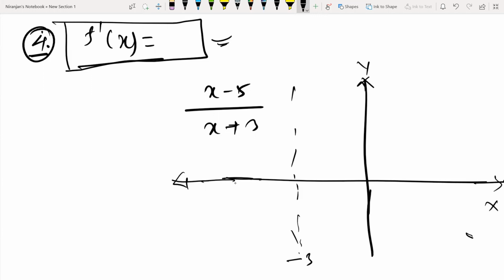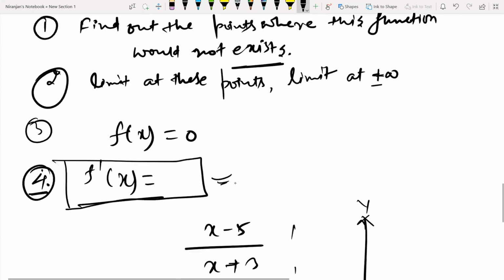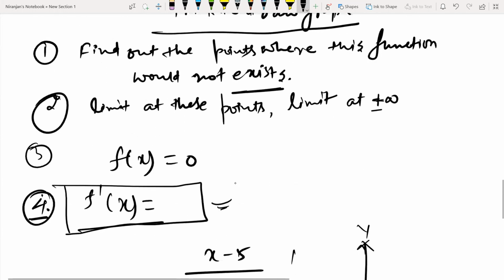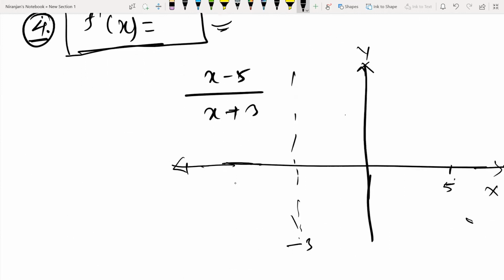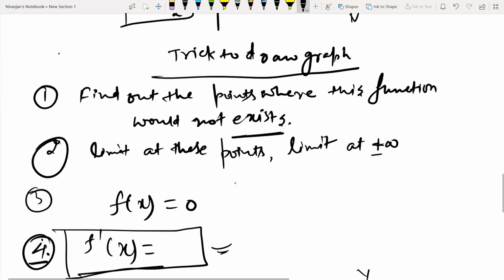It wouldn't exist for -3. Good. First thing. Point number 2, what was that? The second point is the limit at these points and the limit at plus minus infinity. Calculate those.